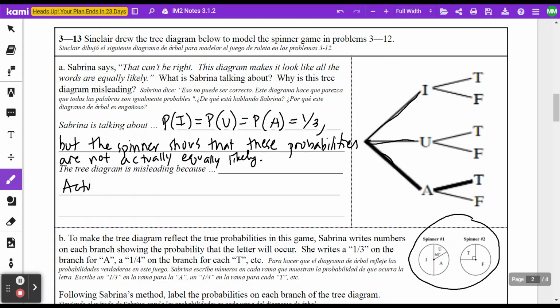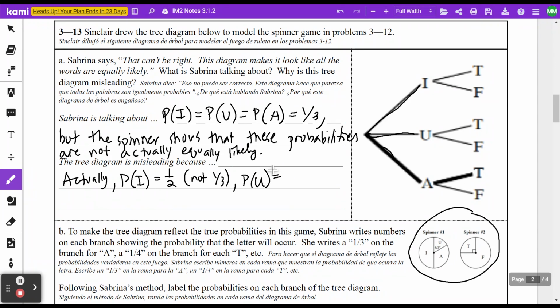Actually, the probability of I is 1/2, not 1/3. The probability of U was 0.16 with the 6 repeating, which is also not 1/3.